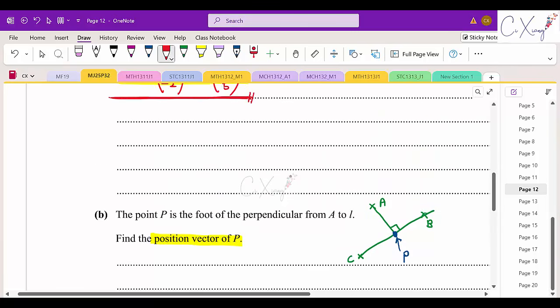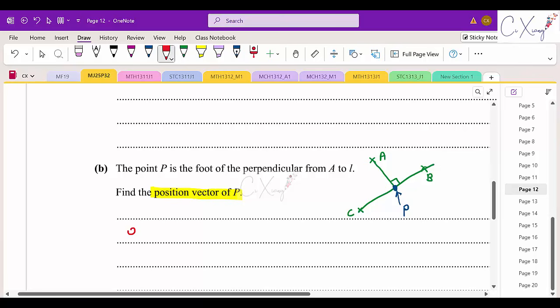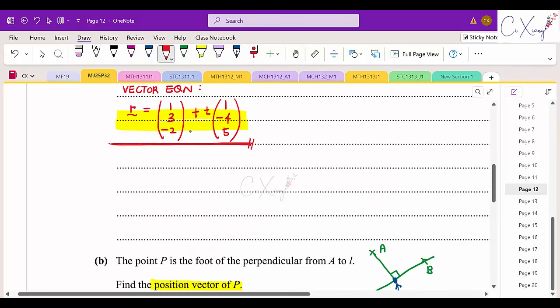So what I am doing is I try to write out the position vector of P first, because P is the point that lies on the line BC. Therefore, the position vector of P should be equal to the vector equation of BC. If you substitute one value of t inside the equation, it will give you a point along the line.